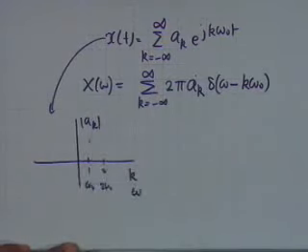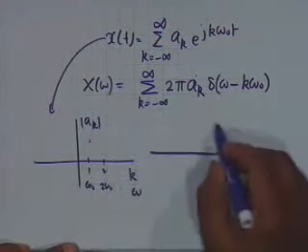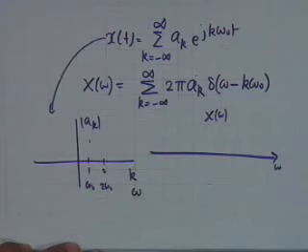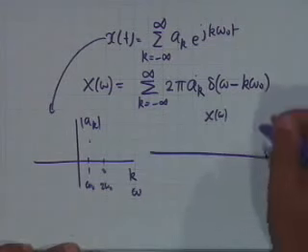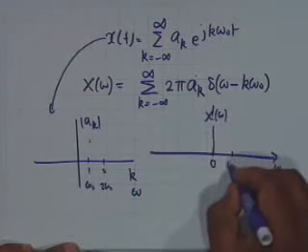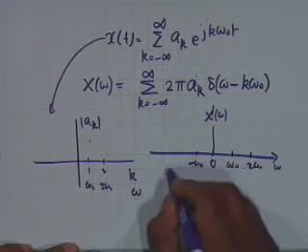What is the difference here? Well, if you plot X of omega versus omega, shall you get a continuous spectrum? No. You also get a discrete spectrum, because the spectrum exists only at omega equal to 0, omega 0, 2 omega 0 and so on, on the other side also.